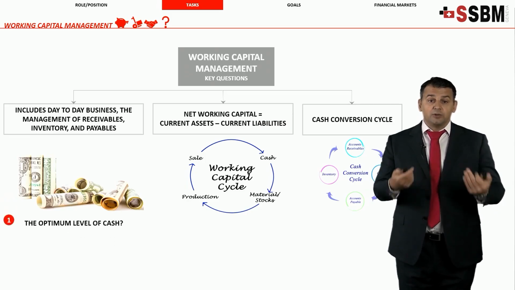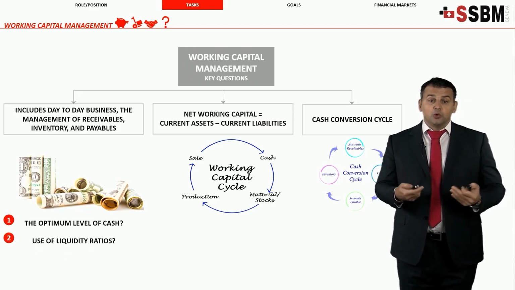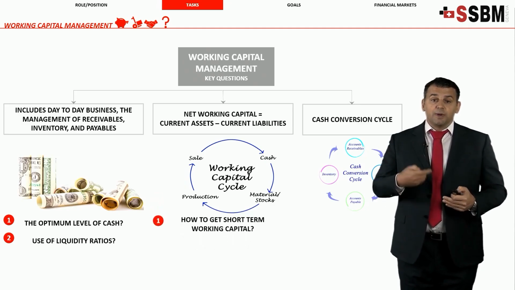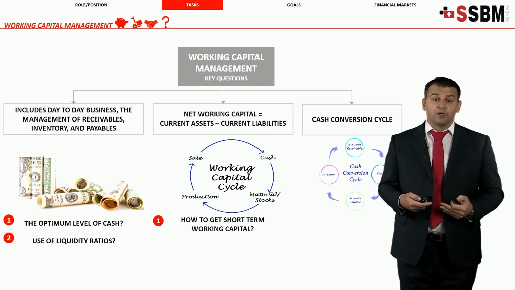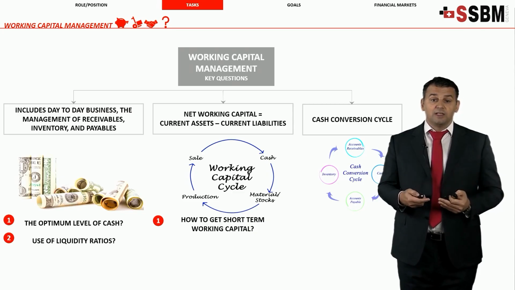So we speak about what is the optimal level of cash, what is the use of liquidity ratios. Then speaking about net working capital, once you get the net working capital, how to finance the cash gap. So it means that the idea here is that your short-term liabilities are to be higher than short-term assets here.